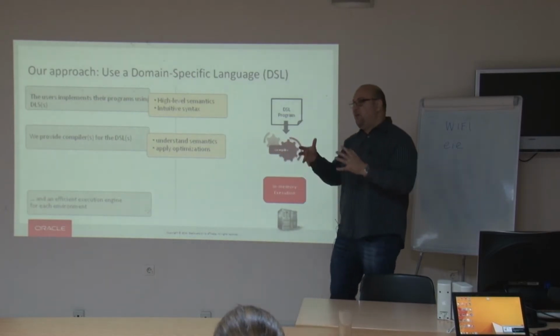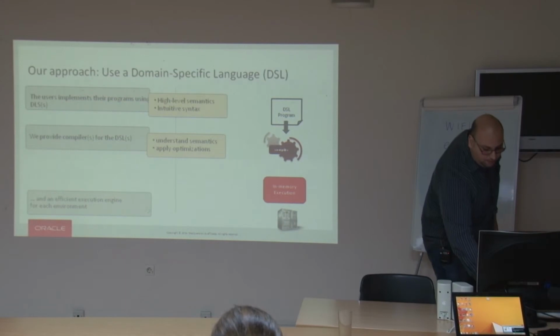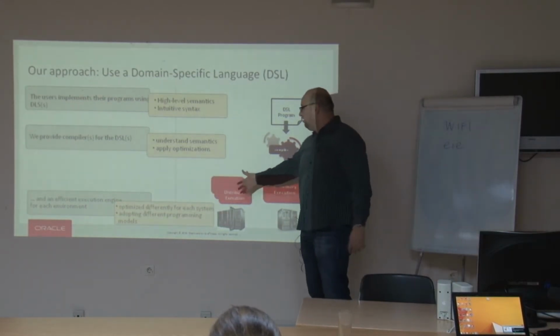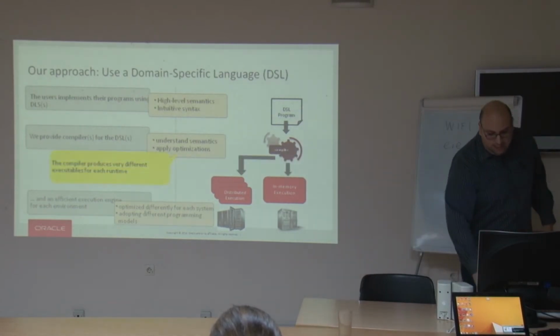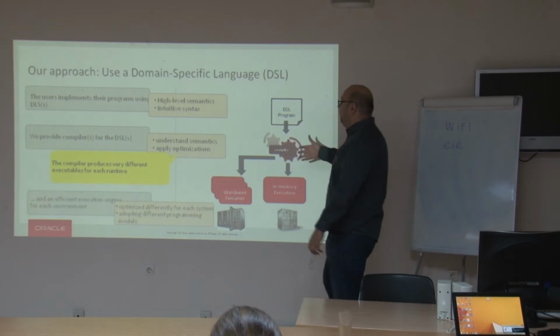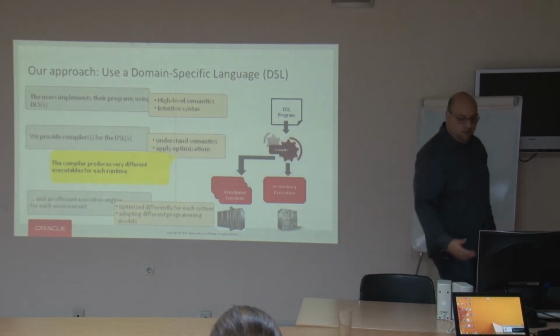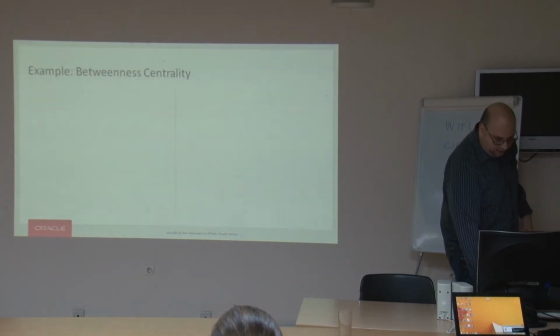We actually build specialized systems for each kind of deployment. So we have a really good system for scale up, and we are also building a system for distributed execution. So we optimize for each type of environment, and then we have the compiler generating very different code for each of the systems. This is nothing groundbreaking for people in the SQL community, I guess.